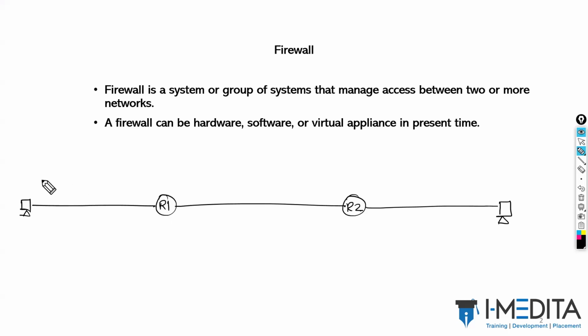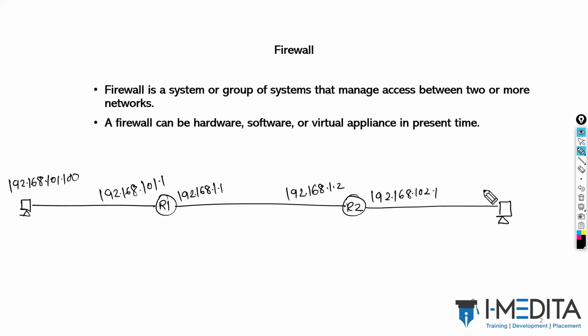For easy understanding, you can note down the IP addresses: 192.168.101.100, 192.168.101.1, 192.168.1.1, 192.168.1.2, 192.168.102.1, and 192.168.102.100. This is my IP addressing scheme here.